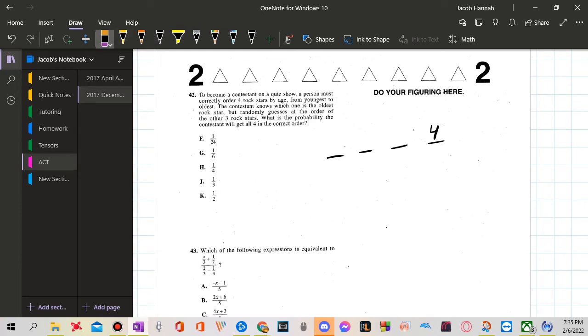Oh, actually, let's use letters. Let's say A, B, C, D. So, the contestant knows that this rock star is the oldest of this set. So, we can take this one out.